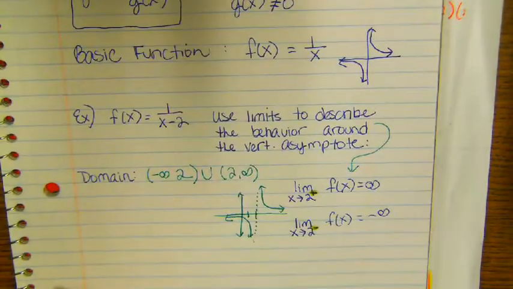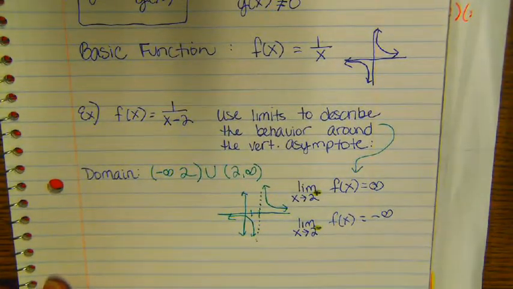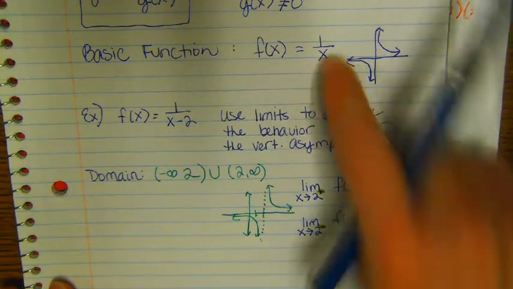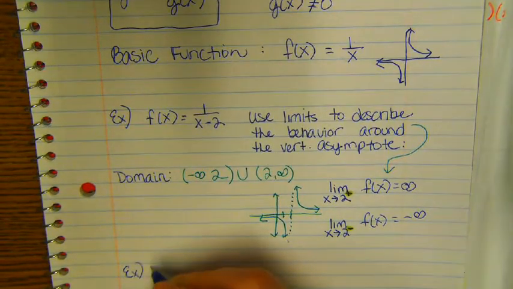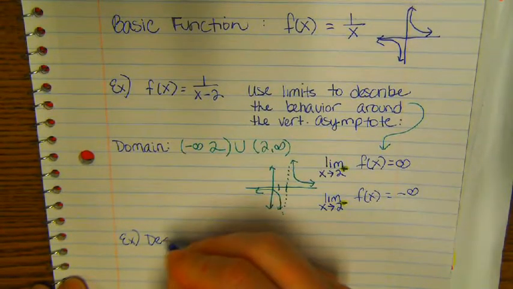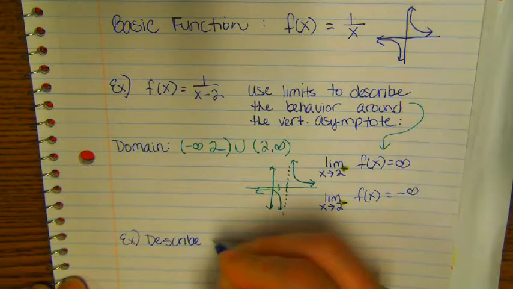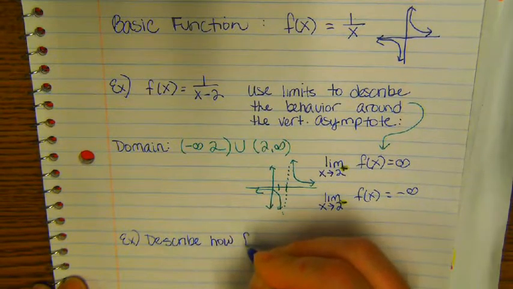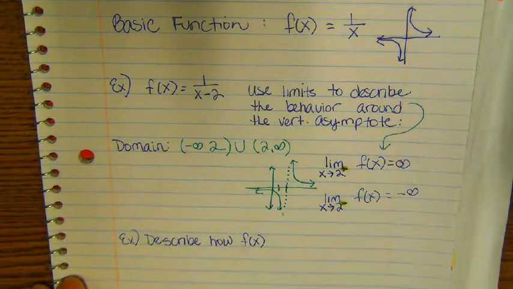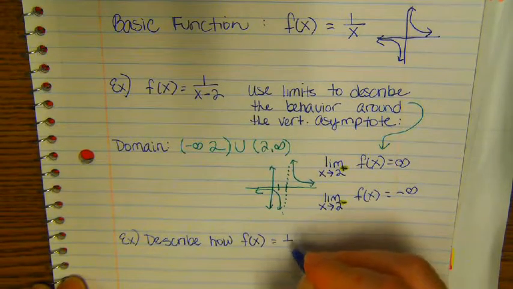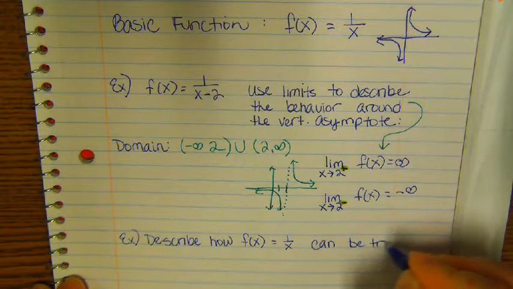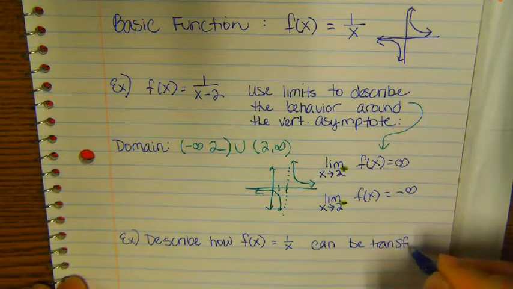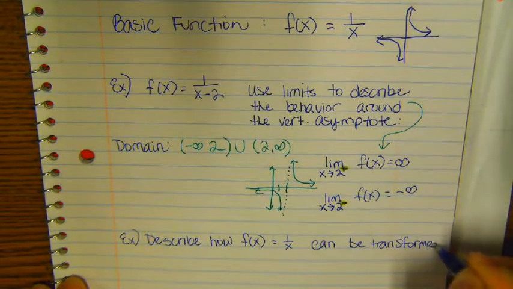So we are going to describe how f of x equals 1 over x can be transformed into, and I'm going to give us 2 of them.